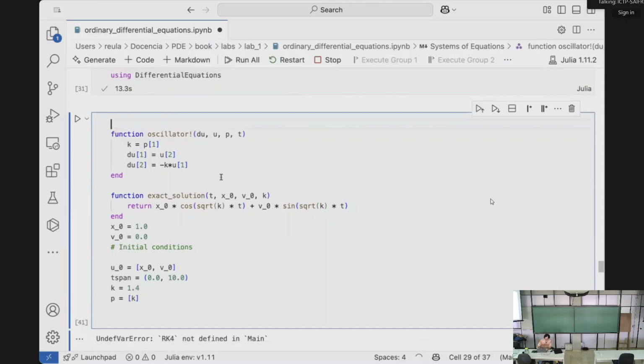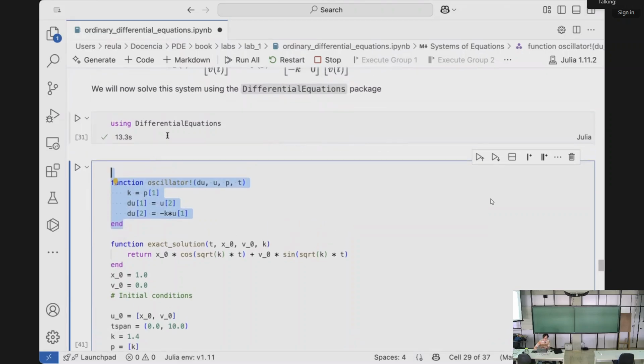So what we are doing here is defining the problem. We are defining the oscillator here, and this is how DifferentialEquations likes to see the function, right?